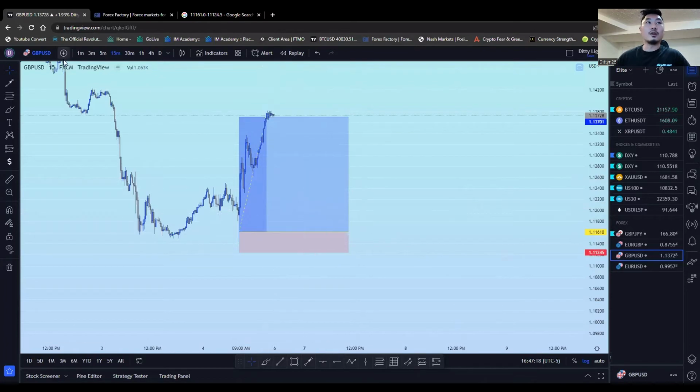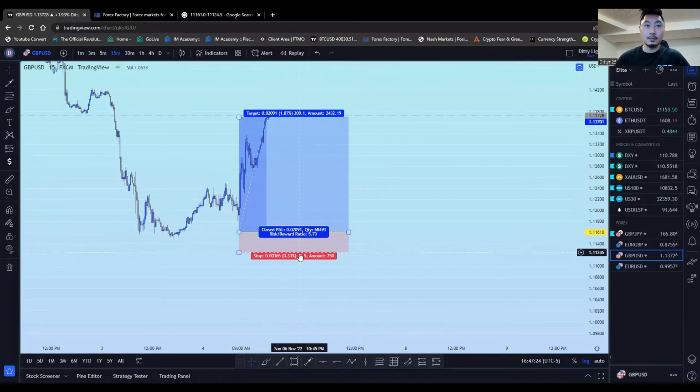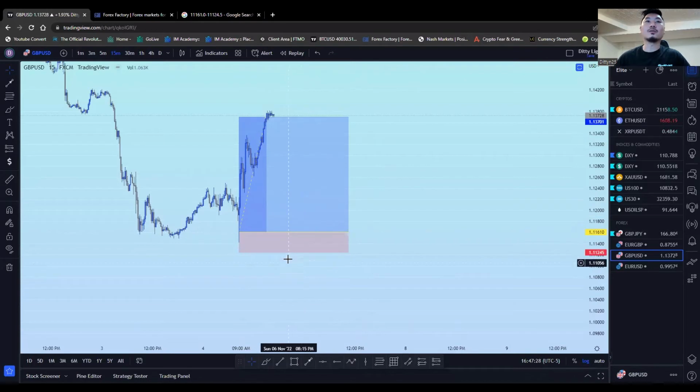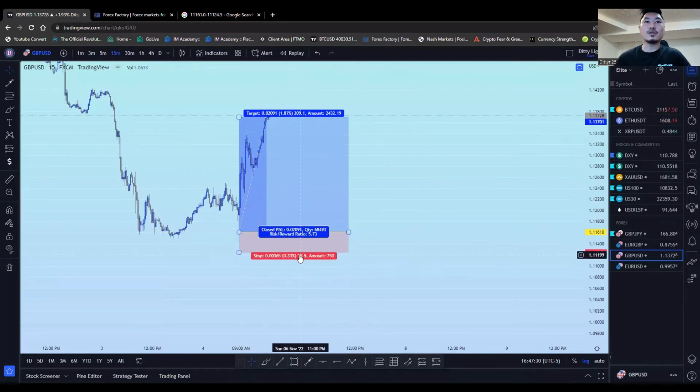Or you can see here on GBP USD, when you have your position like that, you can see at the middle here 36.5. So why I don't just say you can just look at the amount here is because, for example, on gold the pip count is not correct. But on GBP USD, it is the amount of pips that you're risking.